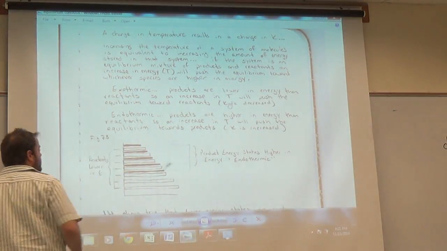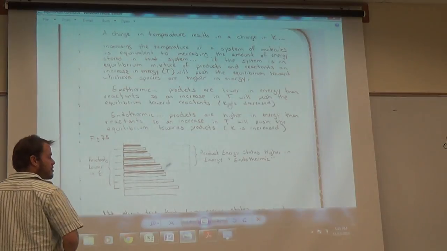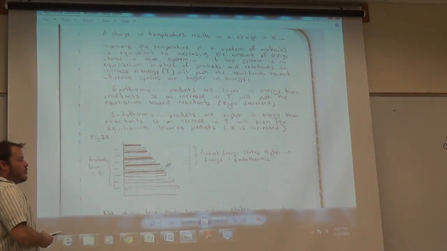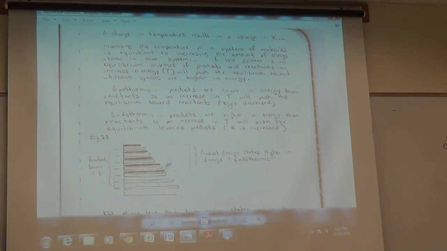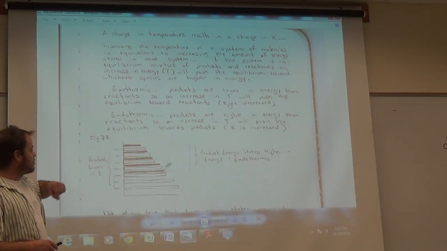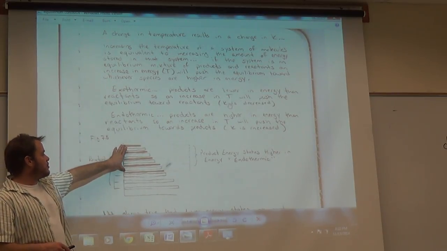Your text gives you a diagram that looks like this. The white bars, as I've drawn them, represent the available energy states for the reactant species. I was supposed to have drawn a label to show which ones are reactants and which ones are products.